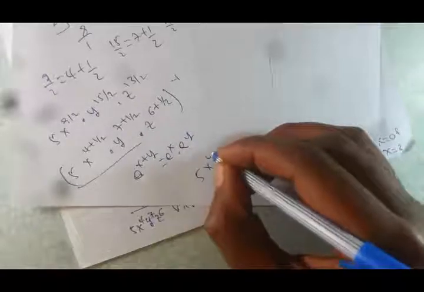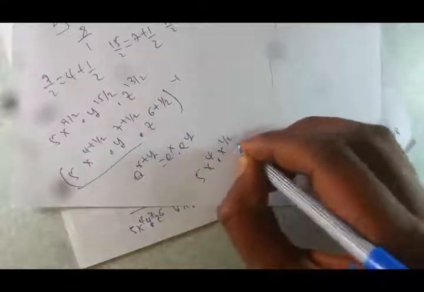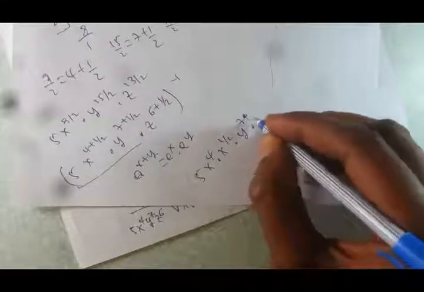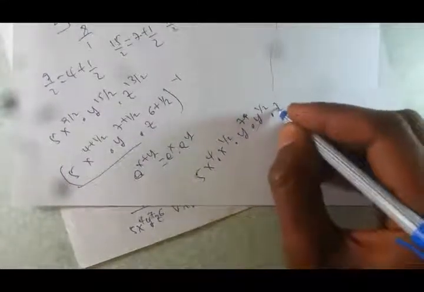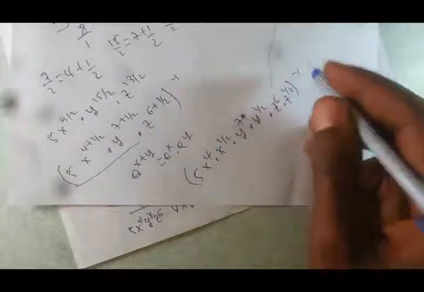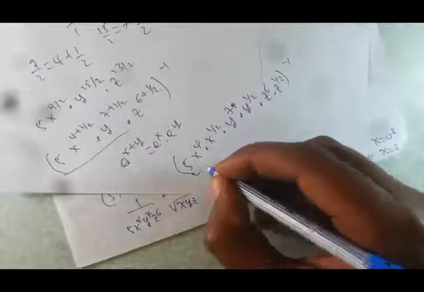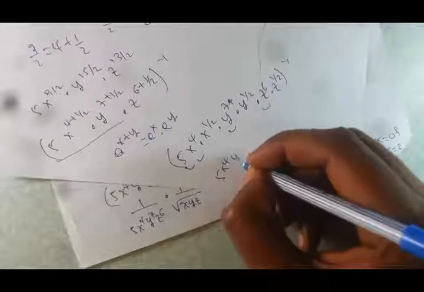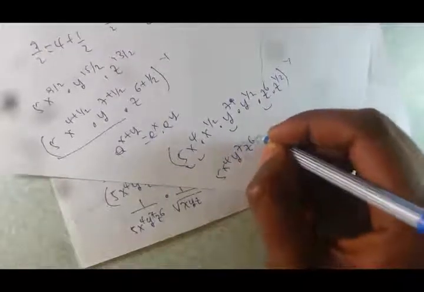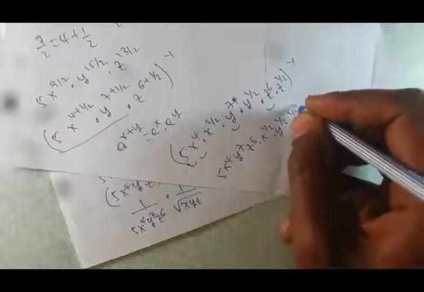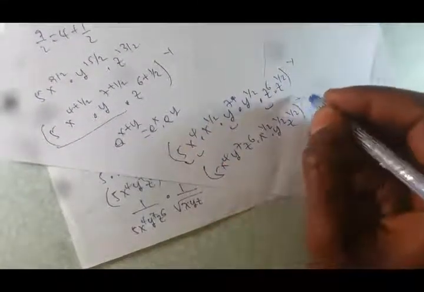Therefore this can be written as 5 x raised to 4 times x raised to 1 over 2 times y raised to 7 times y raised to 1 over 2 times z raised to 6 times z raised to 1 over 2, raised to minus 1. So we have to multiply. It becomes 5 x raised to 4 y raised to 7 z raised to 6 times x raised to 1 over 2 y raised to 1 over 2 z raised to 1 over 2, raised to minus 1.